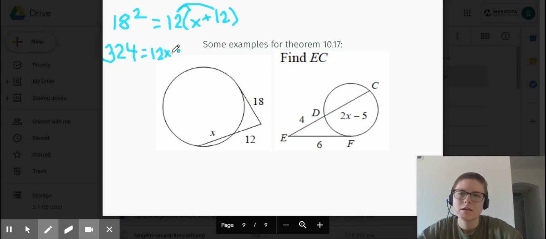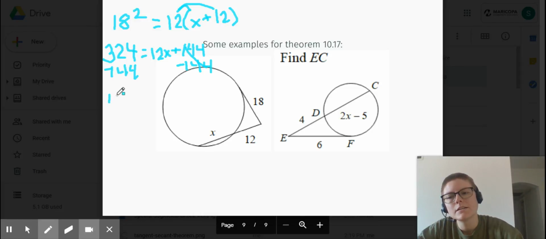12x plus 144. Okay, we want to subtract out that 144. So then we do 324 minus 144 is 180.